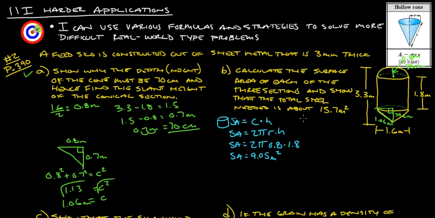Alright, now we're going to do the cone part. The surface area of that is, again, pi times the radius times the slant height, so pi r times s. So in this case, surface area is pi times the radius, again 0.8, and the slant height is 1.06.